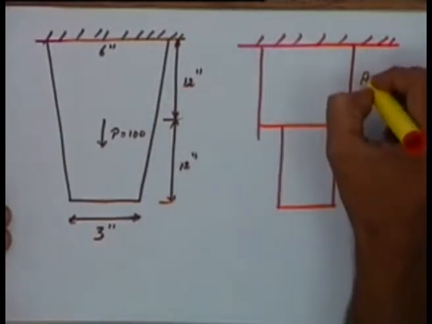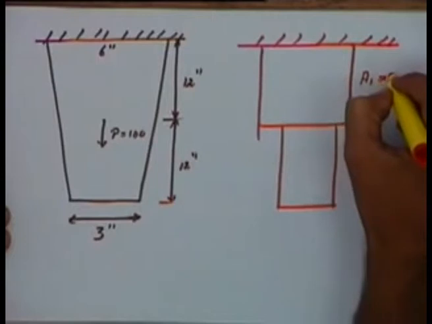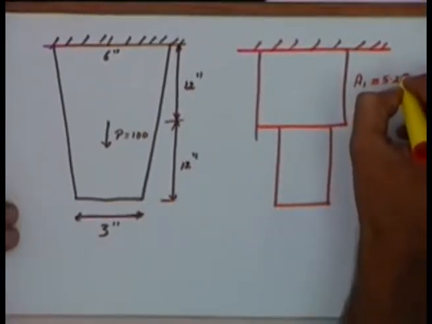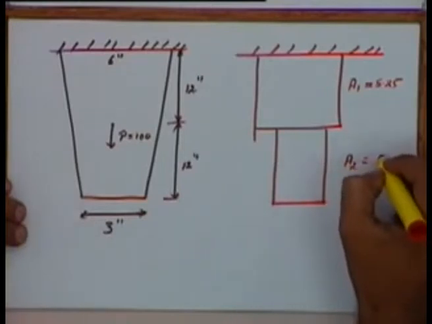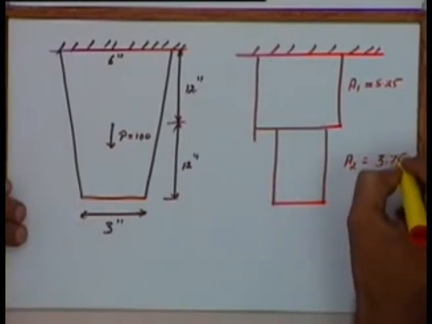For this first element we said we will take the area of cross section to be 5.25 square inches. For the second element we said it will be 3.75.